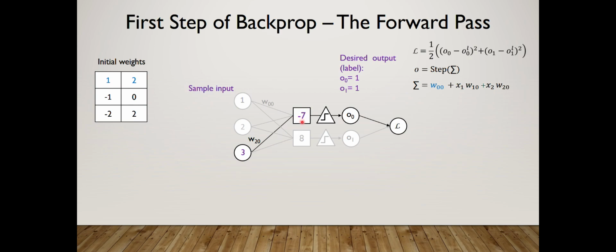We calculate these sums first, which give us -7 and 8. Then we activate. Remember that the activation function outputs 0 if the sum is smaller than 0, and 1 if it's larger than 0. This makes our loss become 0.5. We will keep these numbers in memory. So the first step is complete: we have done a single forward pass.